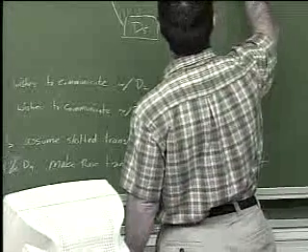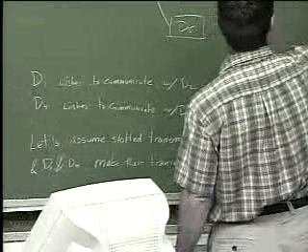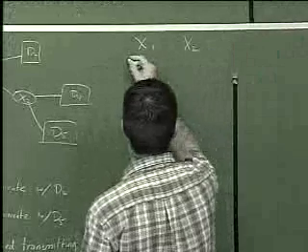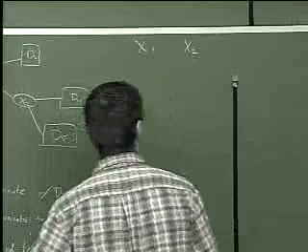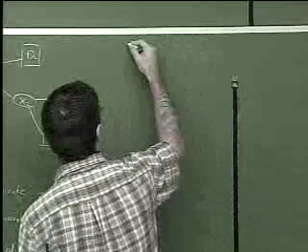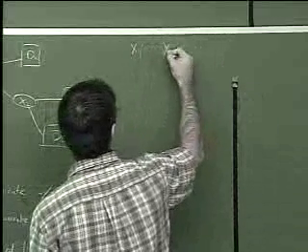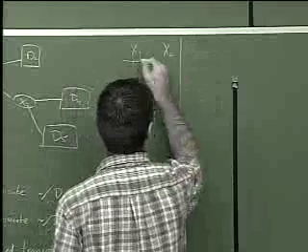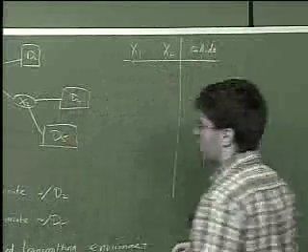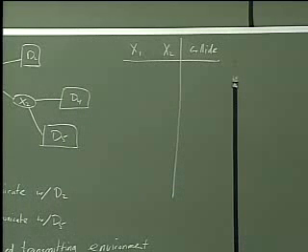So, if X1 and X2, we're going to vary the form of X1 and X2, whether they're a hub or a switch, and ask, do these transmissions collide?